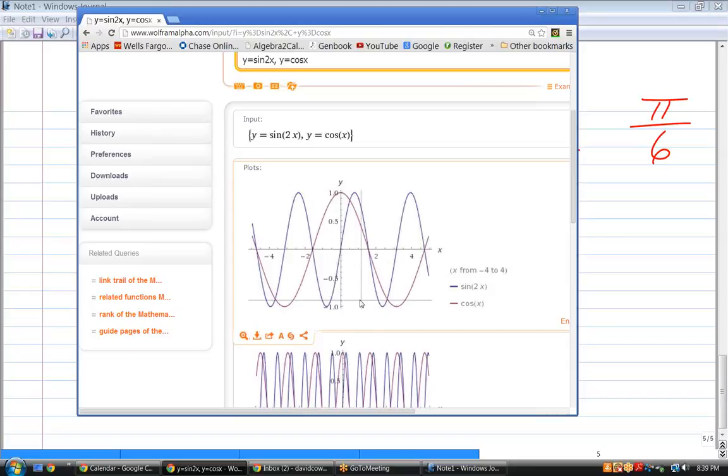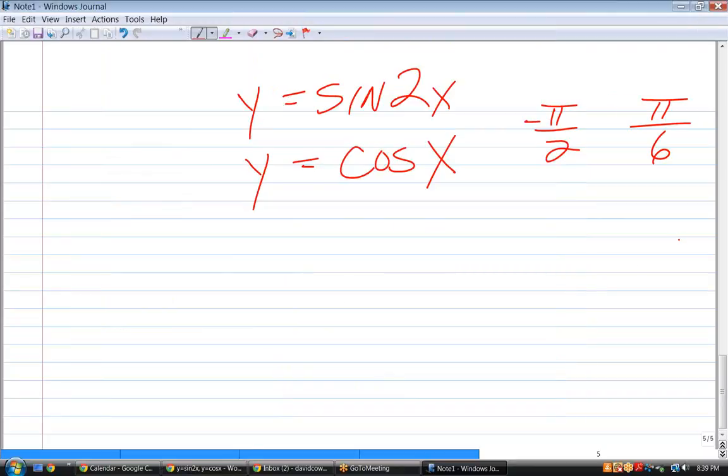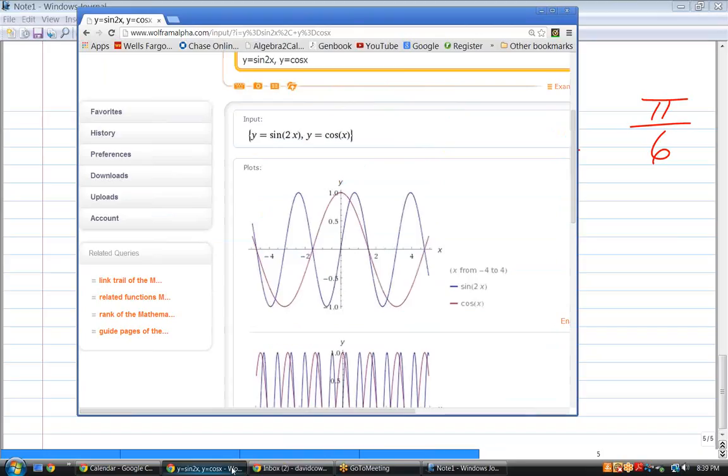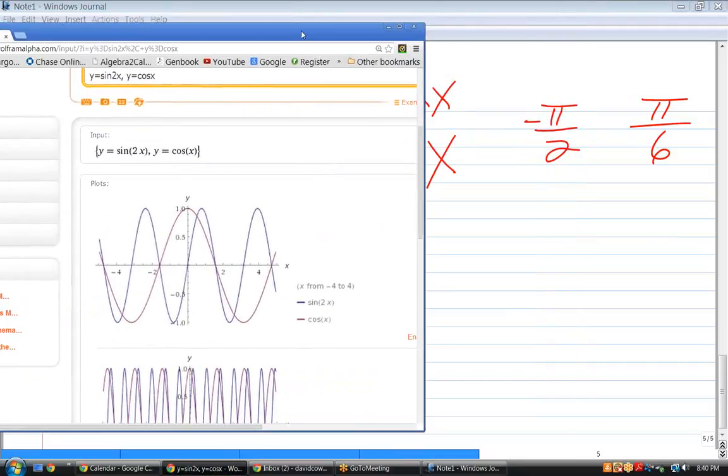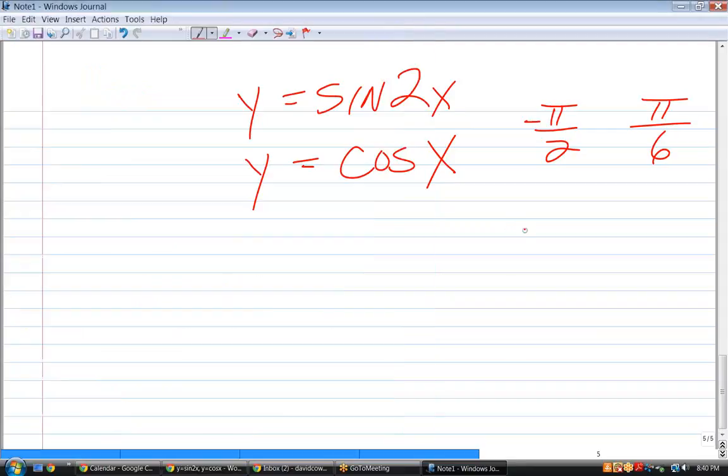We're going from minus pi over 2 to pi over 6, right? Fortunately, I don't know how to put this in radians, but does it matter? I don't think it matters. Minus pi over 2 is about minus 1.6.